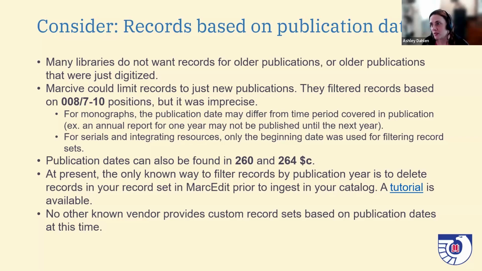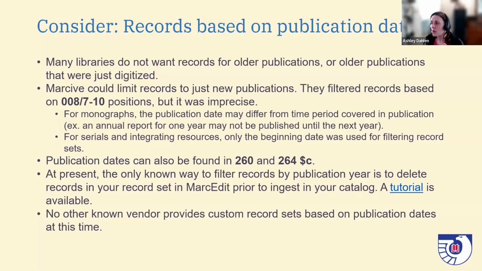Marchive had a service where they could limit records to just the new publications, and you could define what that time period was that you were interested in. They were filtering the records based off the MARC 008 field, the 7 through 10 character positions. It was an imprecise workflow though. For monographs, if you think about it, the MARC 008 publication date field is going to reflect probably a different date than what was covered in the publication.